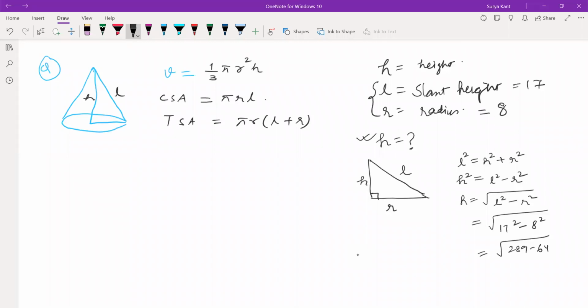Under root of 225, that is 15. Okay, so height is equal to 15 units, right?